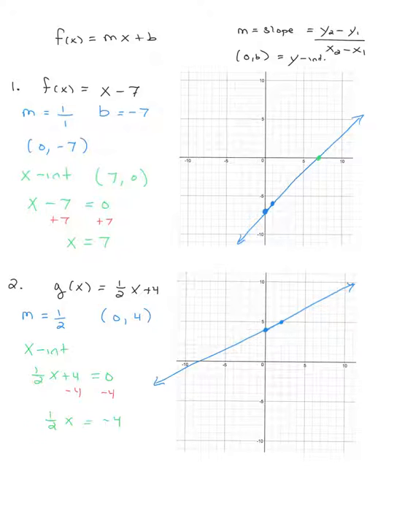Multiplying both sides of this equation by 2 gives me x is equal to negative 8. So that is in fact this location right here. So you could say, not just negative 8, but the point negative 8 comma 0 is the x-intercept. Maybe just going back up to the very first problem, I could have more accurately said 7 comma 0 is the x-intercept.